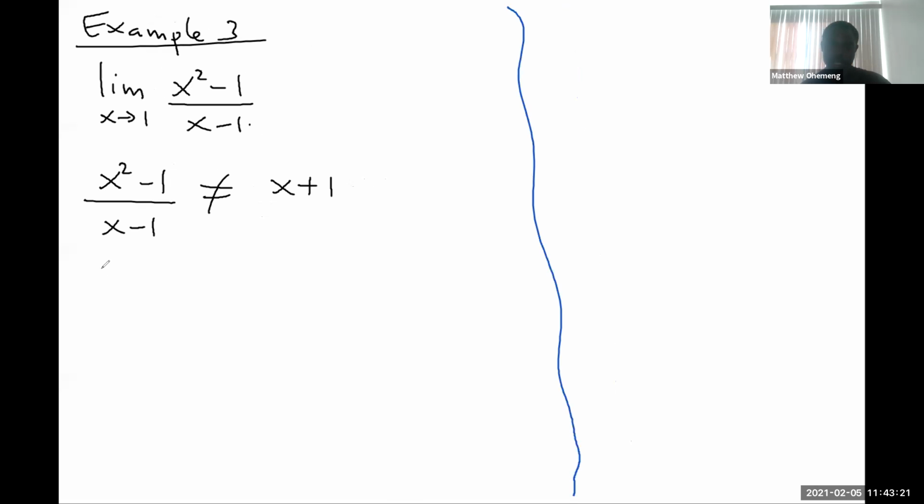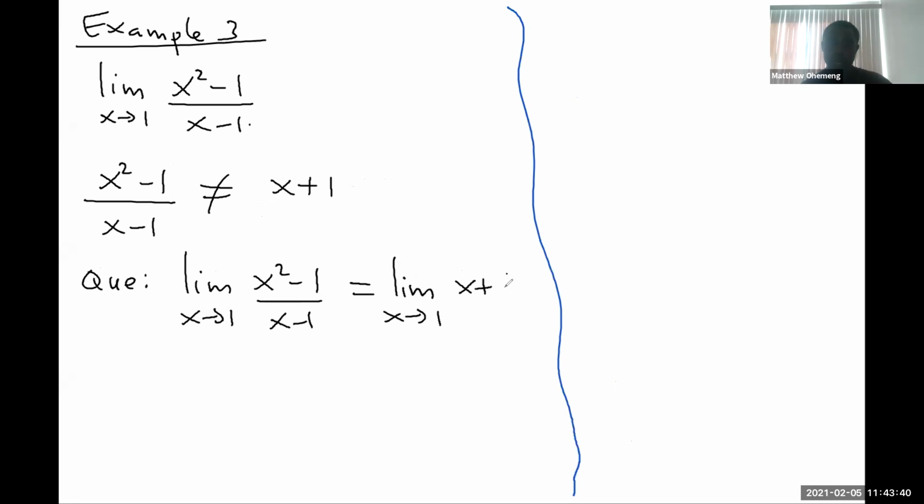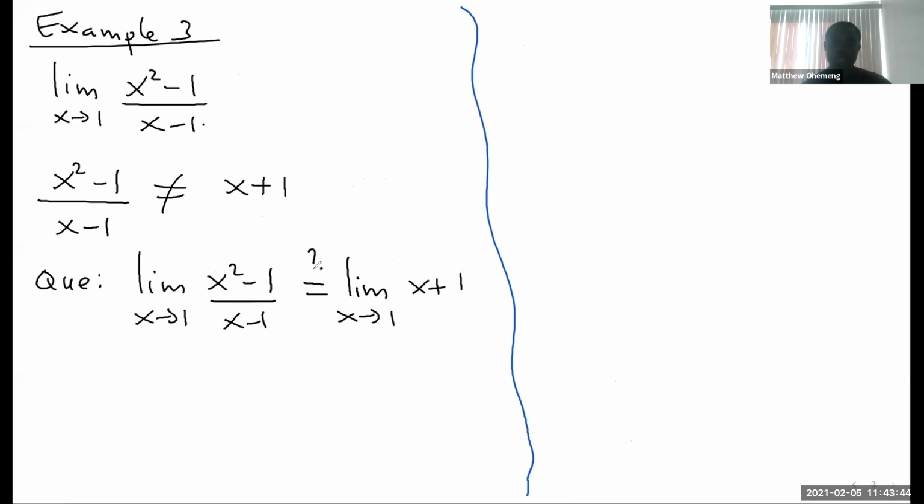But the next question is, what about this? The limit as s approaches 1 of (s squared minus 1) over (s minus 1). Is this equal to the limit as s approaches 1 of s plus 1? Well, in this case, this is true. The answer is yes.